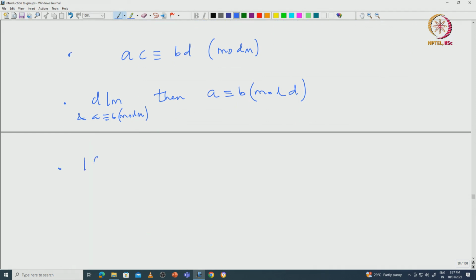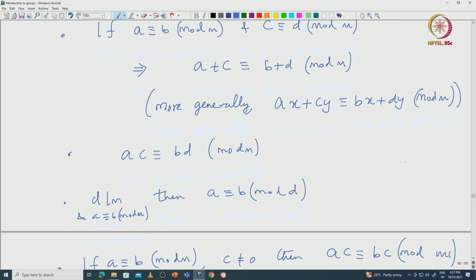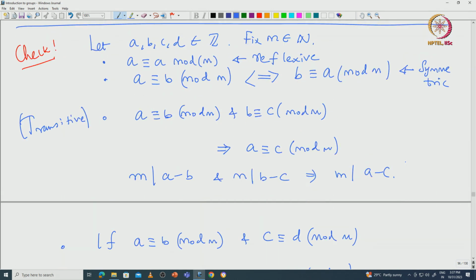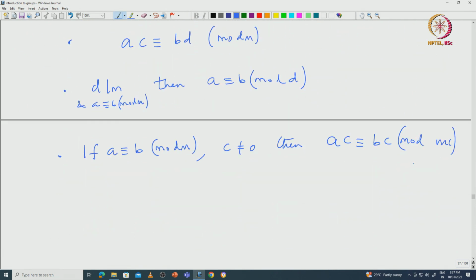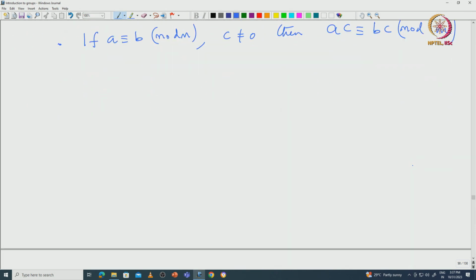If a is congruent to b modulo m and c is non-zero, then you can multiply: ac is congruent to bc modulo mc. You can scale all of them. All these properties are satisfied because in the integers you have addition, multiplication and so on, so this congruence is well behaved with respect to them.